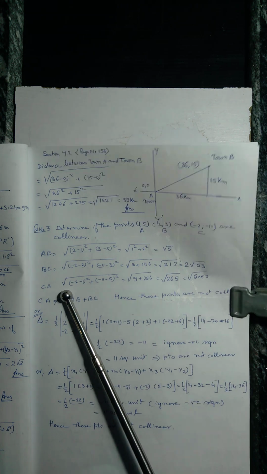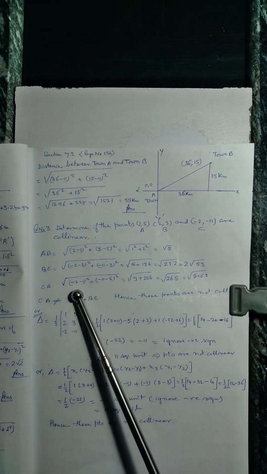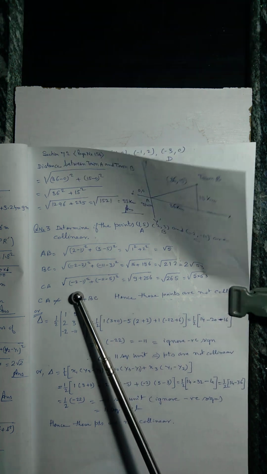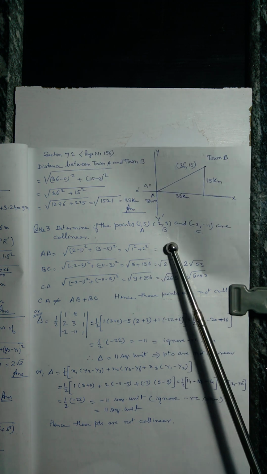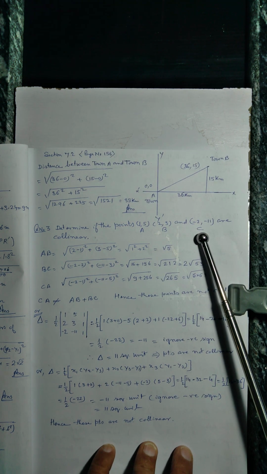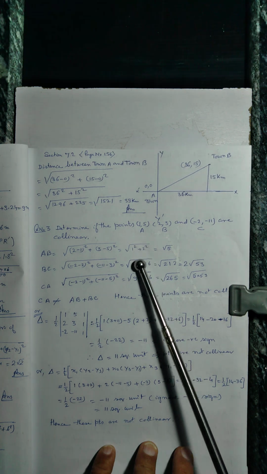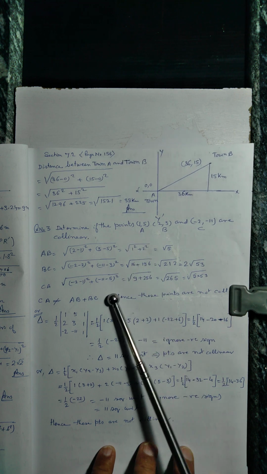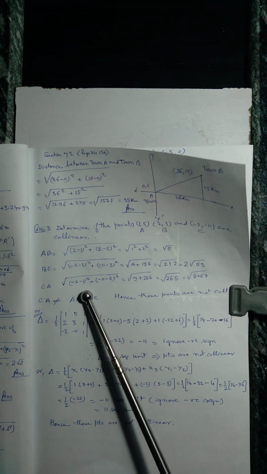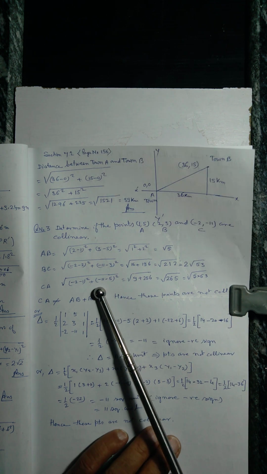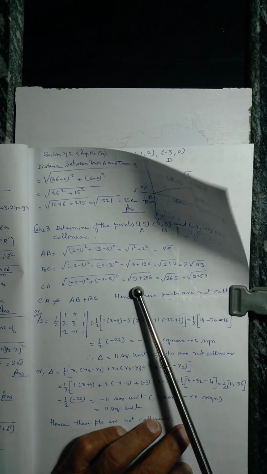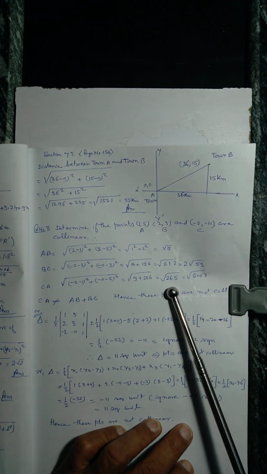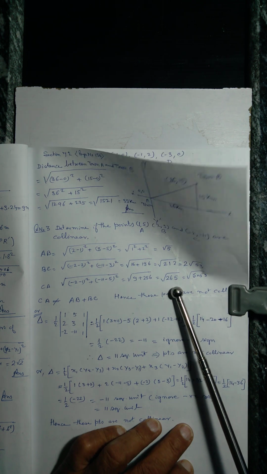Now similarly CA. To work out CA, we take (minus 2 minus 1) and (minus 11 minus 5). Take the square of all, and after that take the square root, you will get the square root of 9 plus 256, that will be equal to square root of 265.